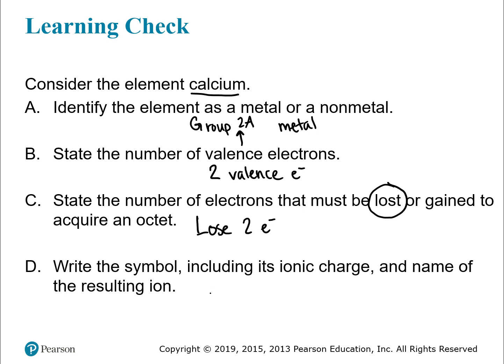So if calcium loses 2 electrons, then it's going to have a charge of 2+. To name it, we simply write the name of the element, which is calcium, followed by the word ion. Like I said, we're going to do practice like this in class so that you get the hang of it.